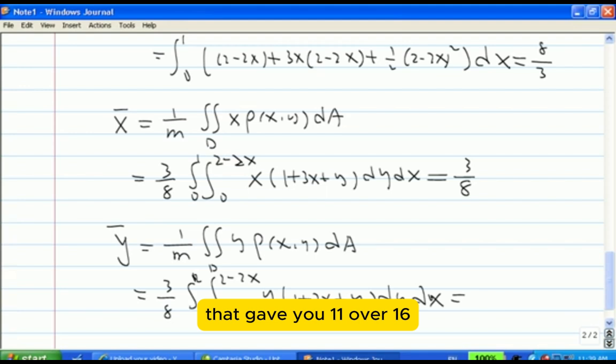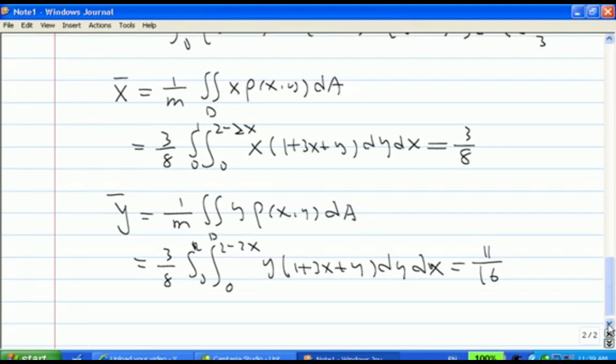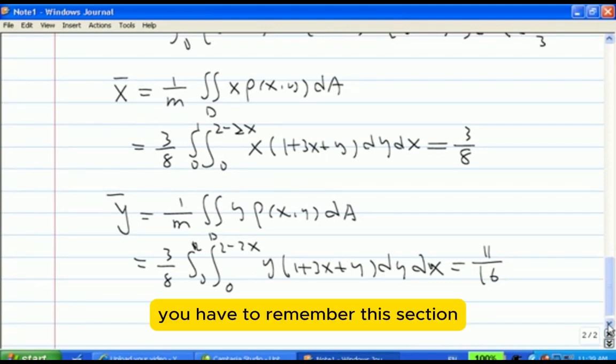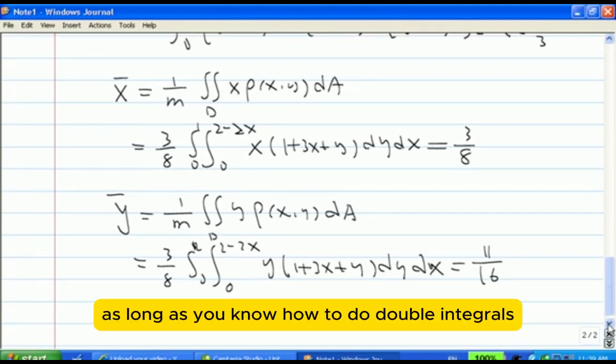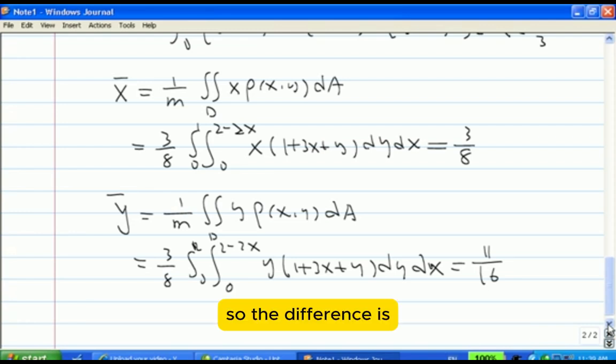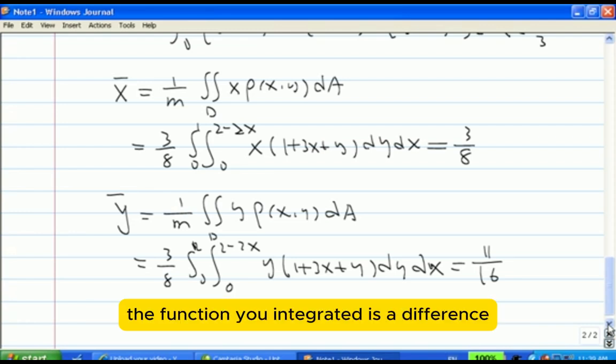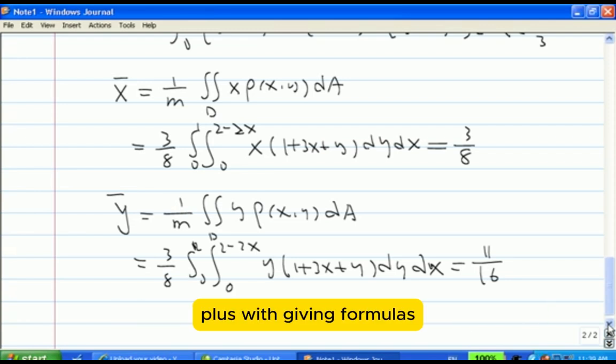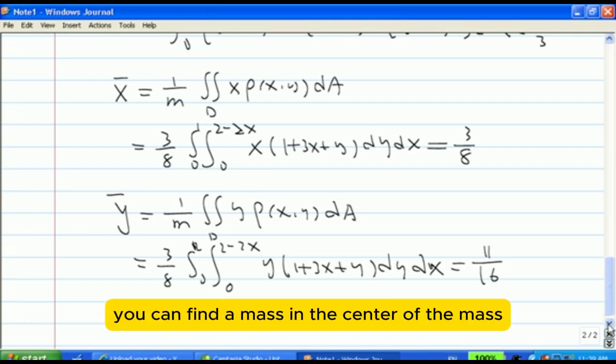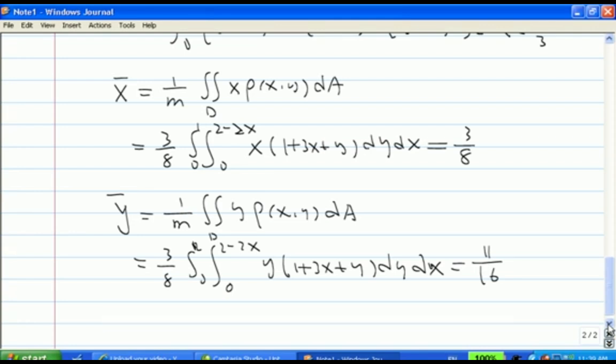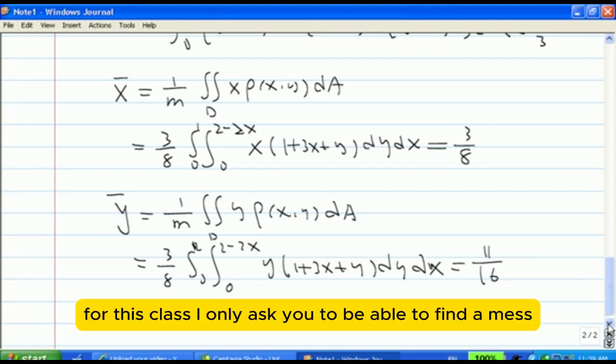After you integrate that, it gives you 11 over 16. So you have to remember this section: as long as you know how to do double integrals, you can find the mass and the center of the mass. The only difference is the function you integrate. For this class, I only ask you to be able to find the mass and the center of the mass.